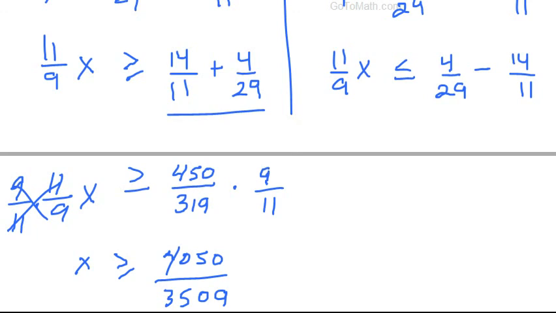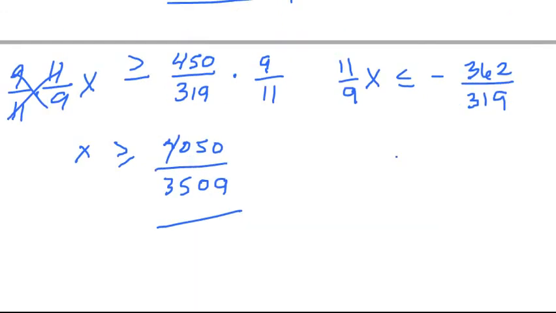We'll write it down here. 11 over 9x is less than or equal to negative, is that right? Yeah, 362 over 319.